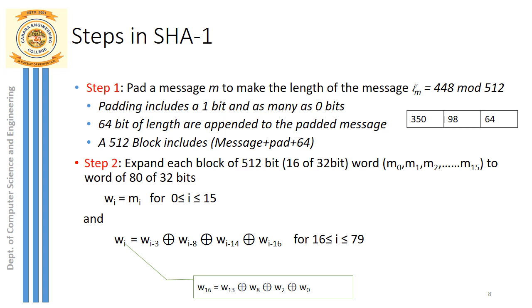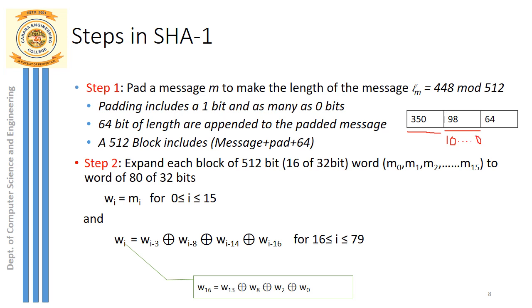For example, if we have a message with length 350 bits, in order to make it 448 bits, we pad 98 bits. So in this 98 bits, the starting bit will be 1, followed by 97 zeros.